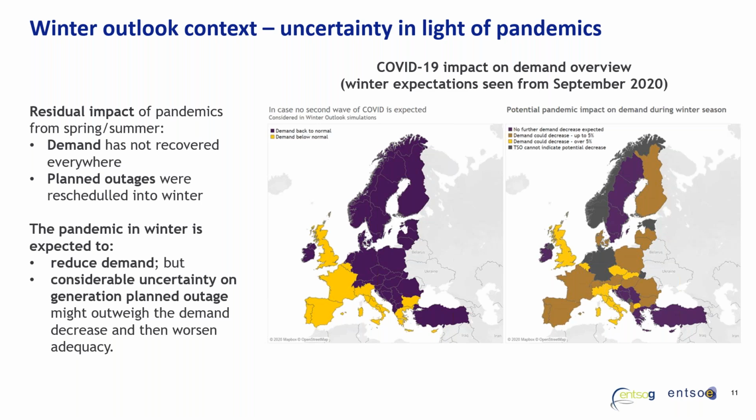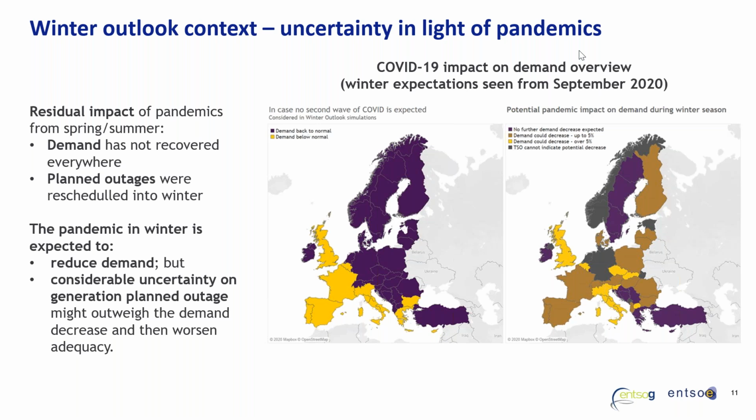On the other hand, when we discussed the potential impact of the pandemic in the coming winter, in case it would be peaking again, as we are observing nowadays, we also tried to gather information from the TSOs. What we observed was that it's highly uncertain, and it was very hard to give any kind of information with some confidence. Here, on the right-hand map, you can see the potential pandemic impact on demand during the winter season.